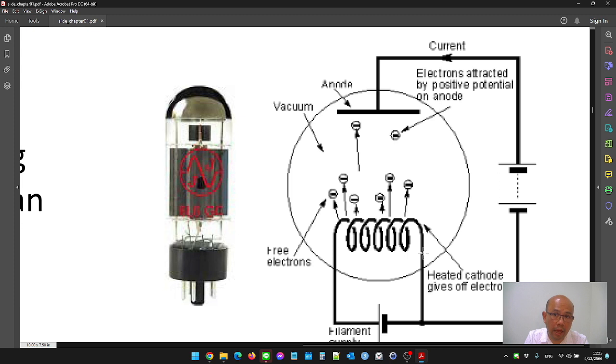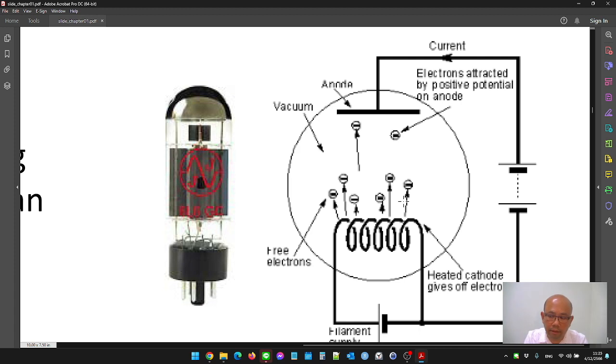When you supply power to burn this tungsten coil, it generates brightness, and this generates free electrons that move out from the tungsten coil.